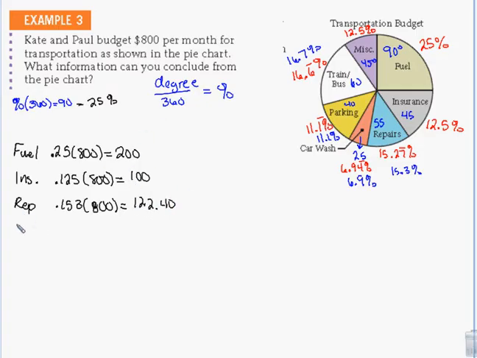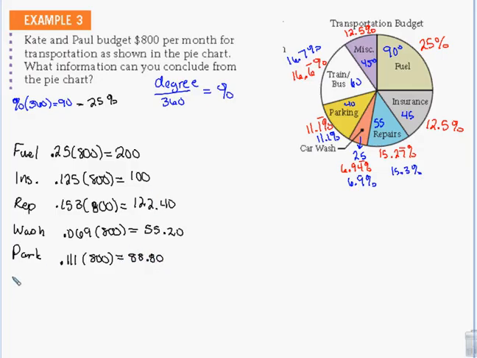Car wash is $55.20. Okay, parking, so that's the 11.1. 88.8, so 88.80.